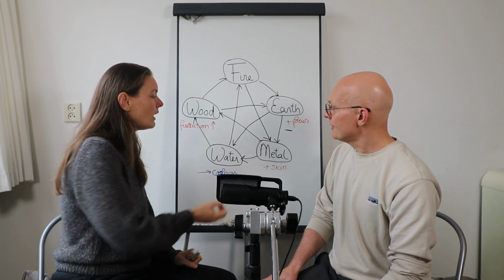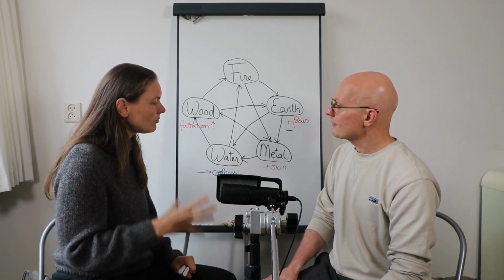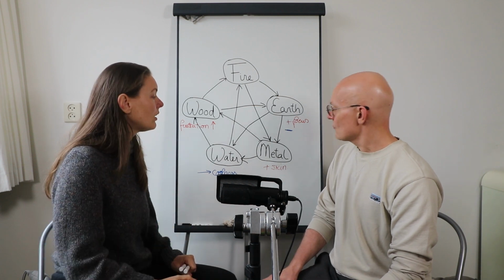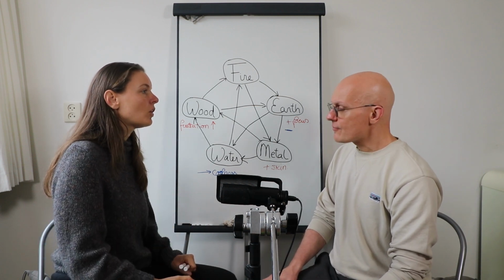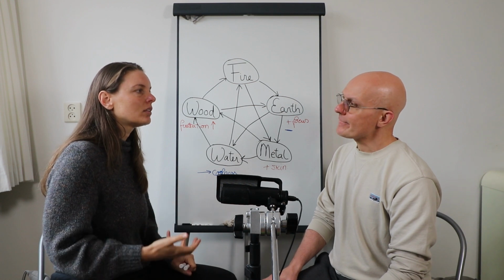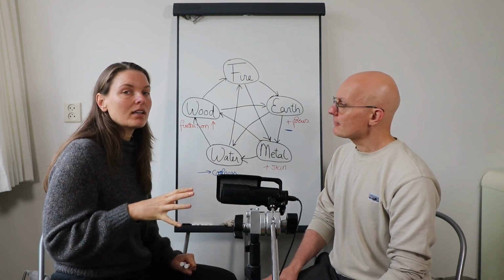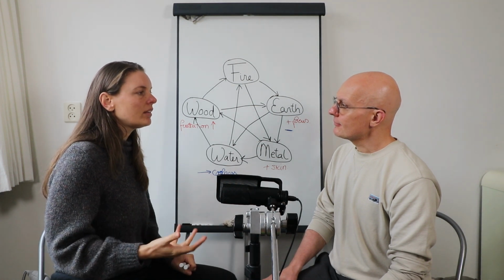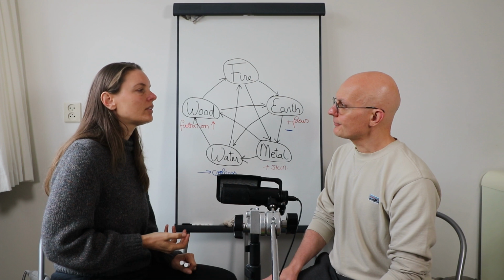For sure. Balance out. Metal is also, which is interesting, the energy of letting go. It's the autumn, it's sadness. So whenever I see someone who is so rebelling against one of the elements, it's like, okay, what's underneath there? What happened?